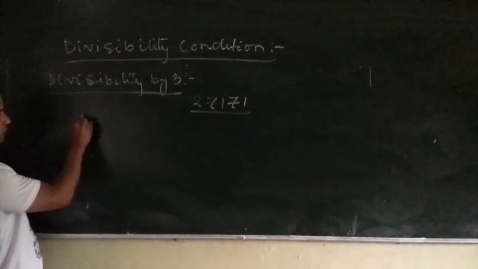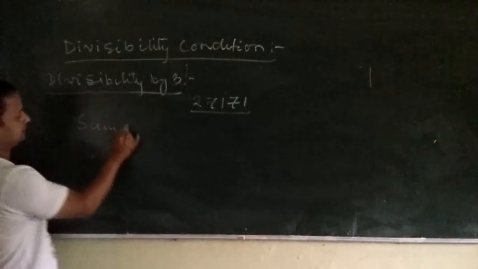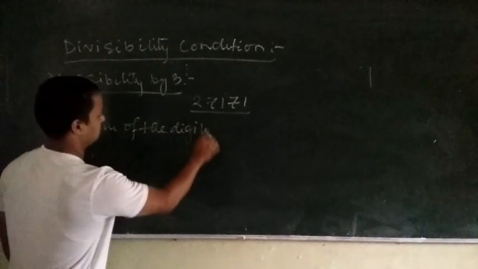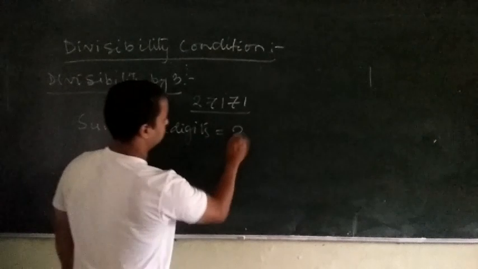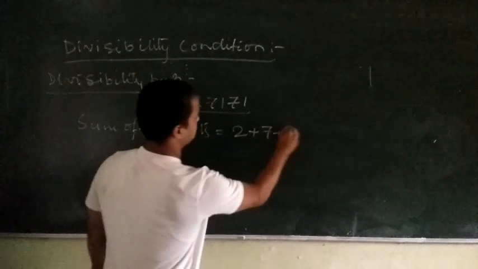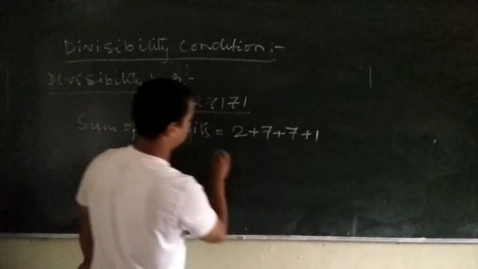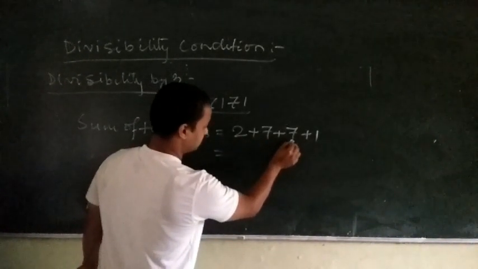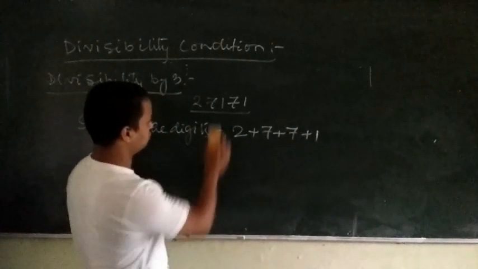So what to do? Sum of the digits is equal to 2 plus 7 plus 7 plus 1 plus 7 plus 1.